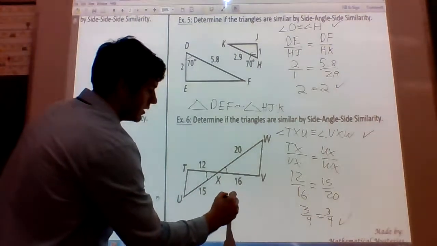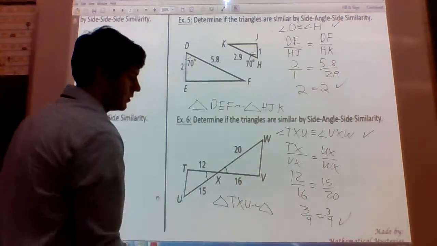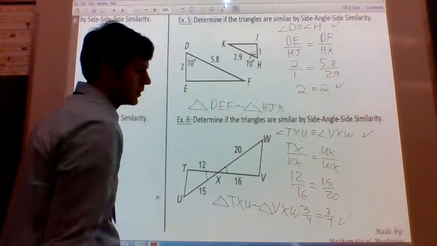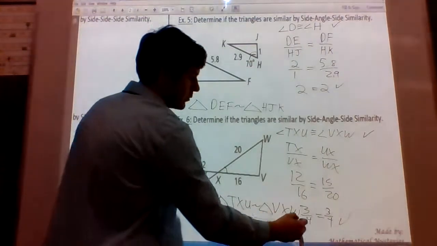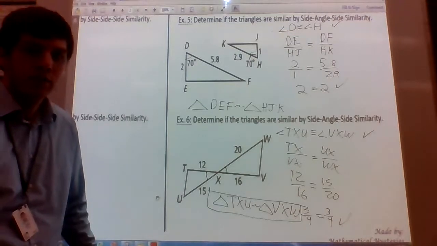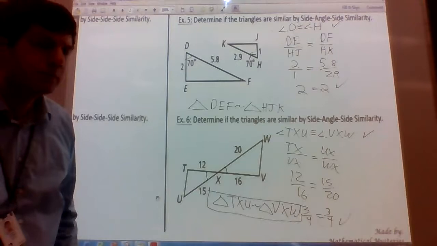So triangle TXU is similar to triangle VXW. Again, there's a bunch of different ways we can name the first one. Then the second one has to be in the correct order where you match the corresponding vertices of the triangle.